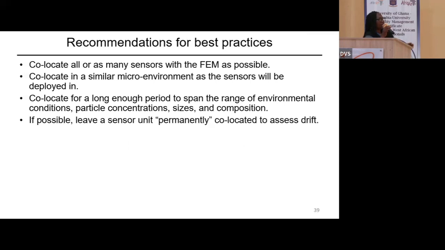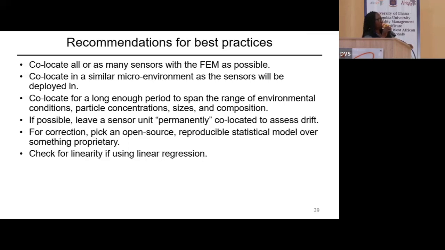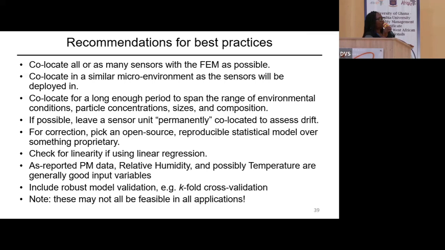So to answer those questions, you co-locate as many sensors as you want with the reference monitor. So you locate in a similar microenvironmental condition. Some time ago, we had a particular low-cost sensor, but we did not have any reference monitoring station in Nigeria.